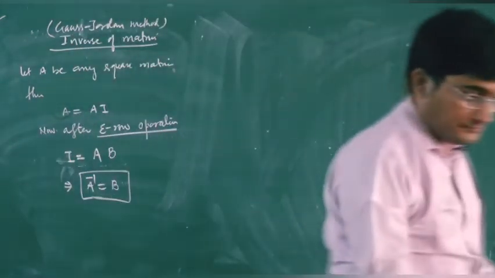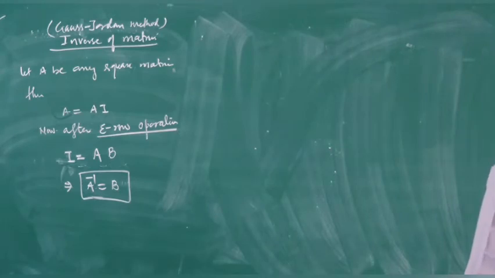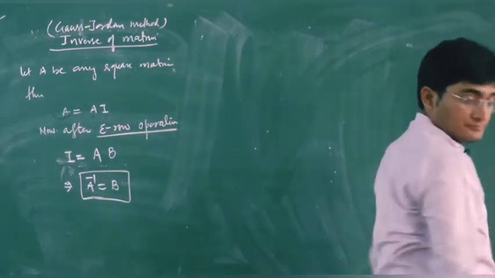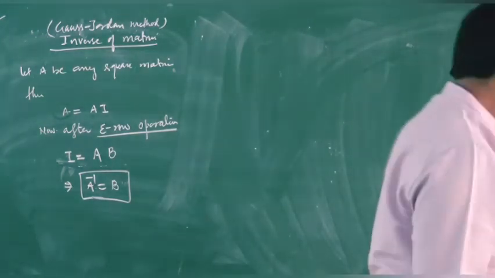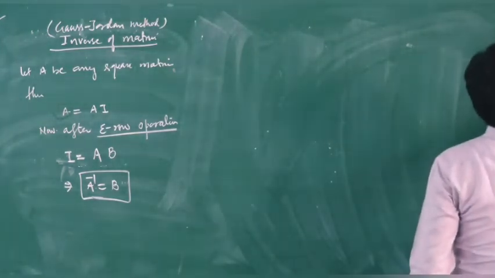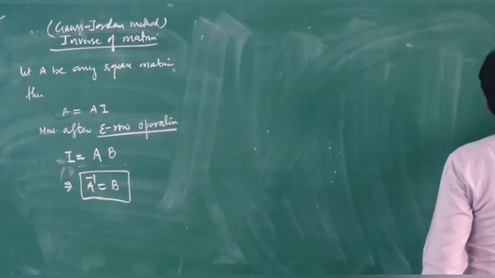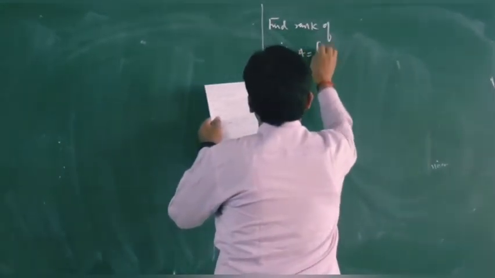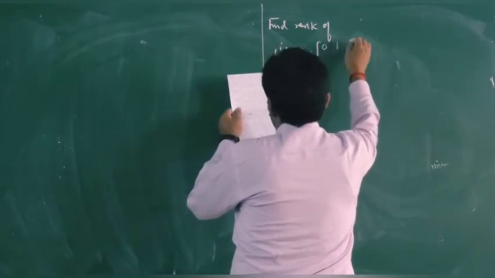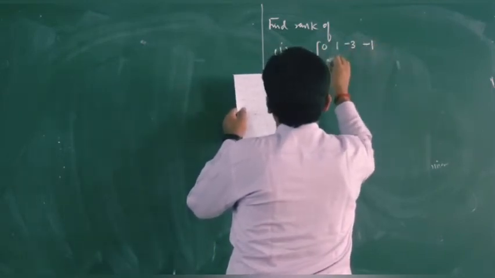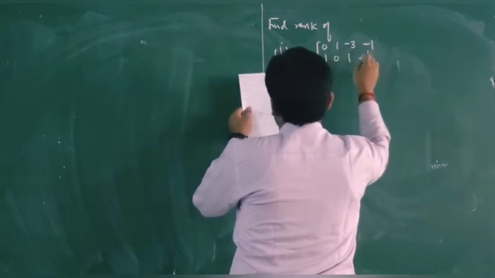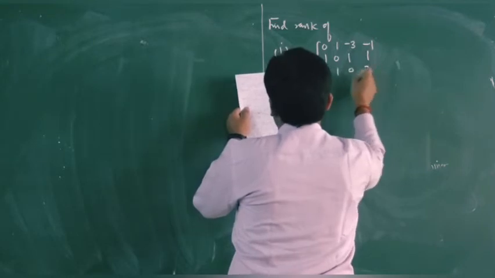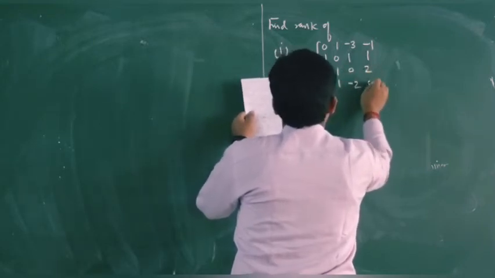So question, find the rank of: the first question is the matrix 0, 1, minus 3, minus 1, 1, 0, 1, 1, 3, 1, 0, 2, 1, 1, minus 2, 0.